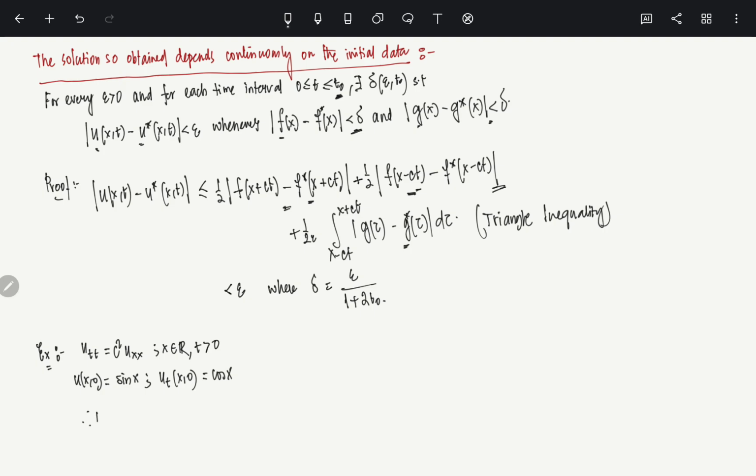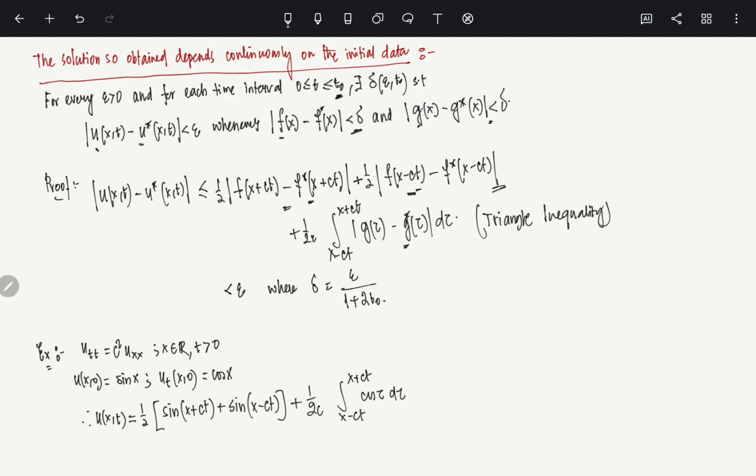So what is u of x, t? It is nothing but half of sine of (x plus ct) plus sine of (x minus ct), and then I have 1 by 2c times the integral from x minus ct to x plus ct of cosine τ dτ.